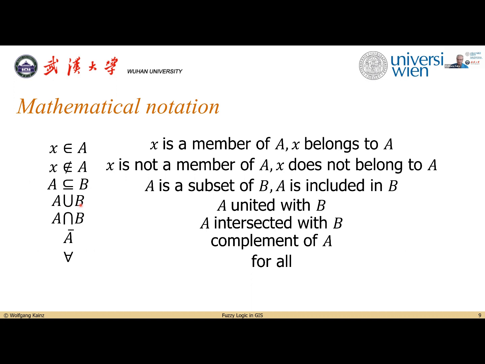The union of A and B, the intersection of A and B, the complement of a set is indicated with that representation. And then this is a symbol from mathematical logic. It means for all elements, something is true, for example. So that would be some basic mathematical notation.